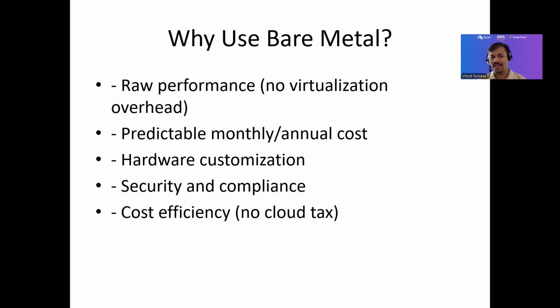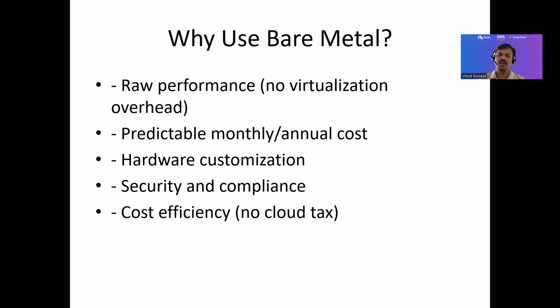Why use bare metal again? Raw performance, as I said, because there is no virtualization. That means everything comes from the hardware itself. For example, a virtualized system needs the underlying infrastructure layer to be strong, and that is the foundation for the virtual system to work.